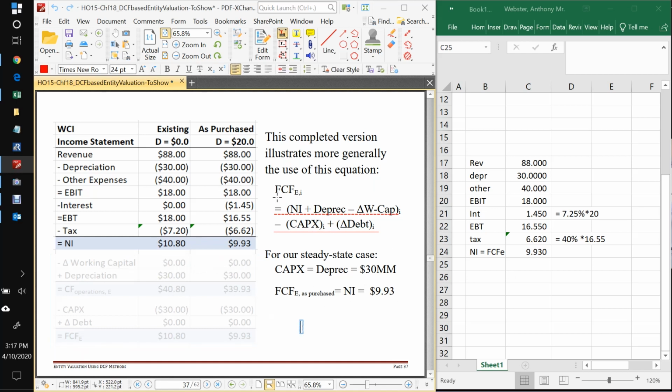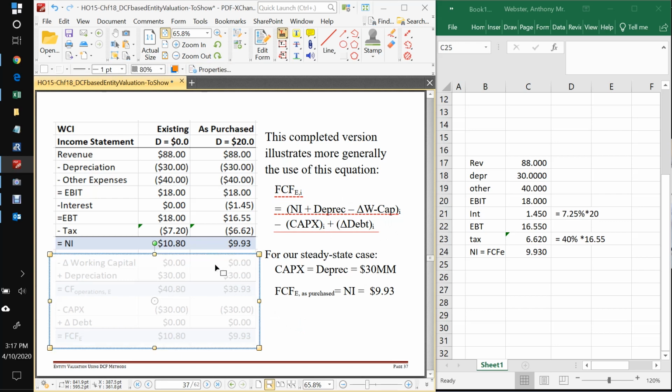But I want to get my free cash flow to owners using this complete equation. So I take my depreciation, which was 30, and add that back. The changing working capital is nothing because it's a steady state firm. So now I've got these three terms done, and my subtotal for cash flow from operations is 39.93.